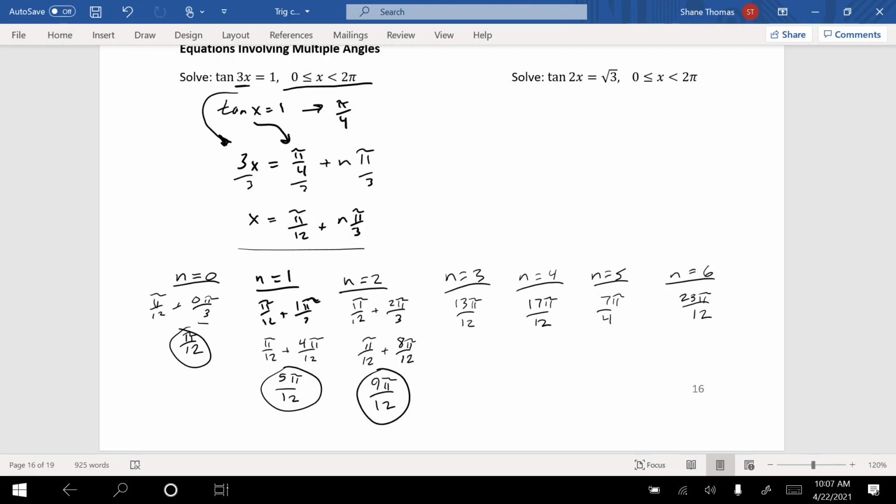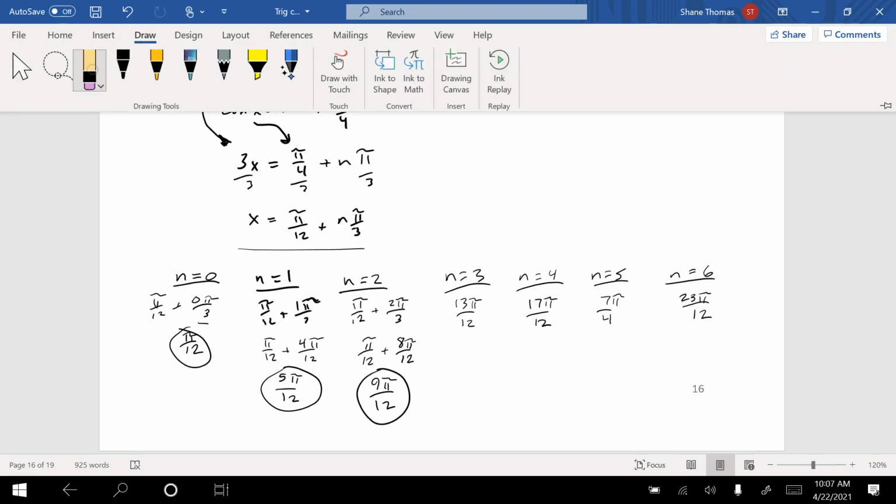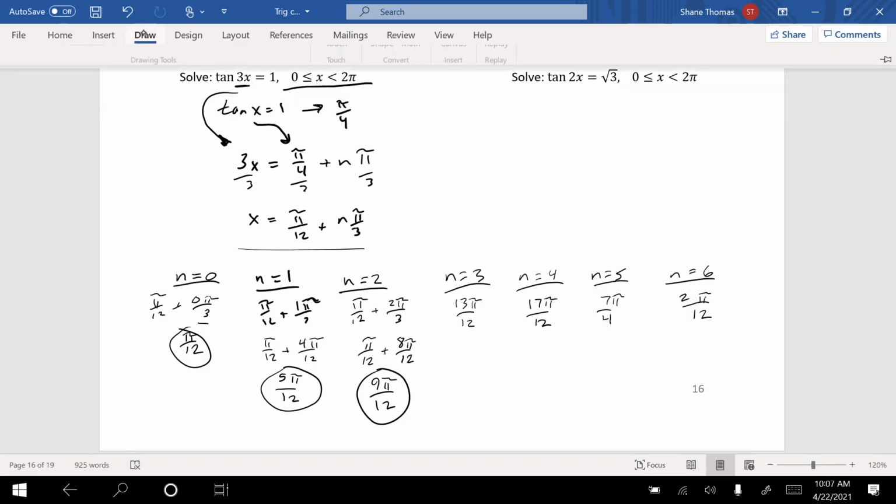Now I'm going to stop right there. It's not 23, it's 25. Back here at the beginning, I divided by 3. It's the same as multiplying by 1/3. Okay.